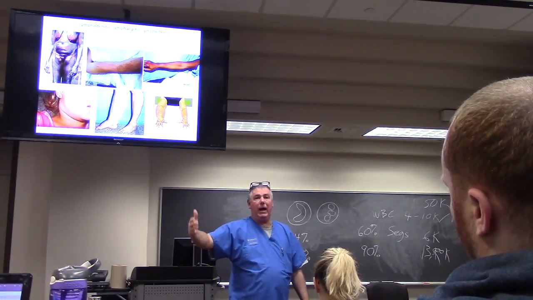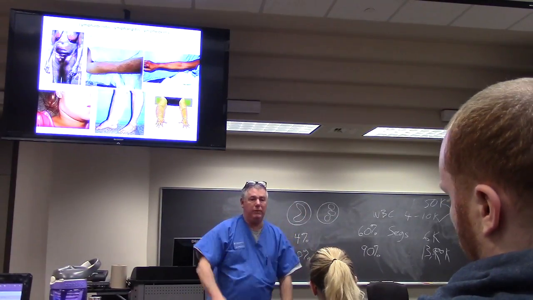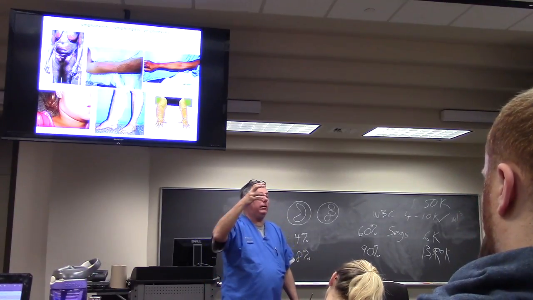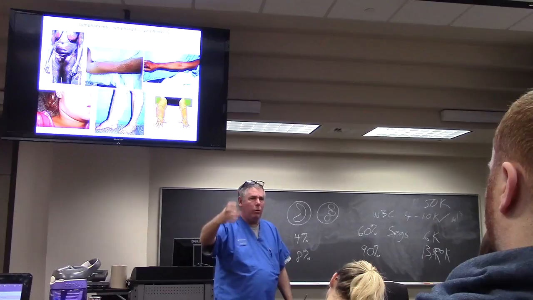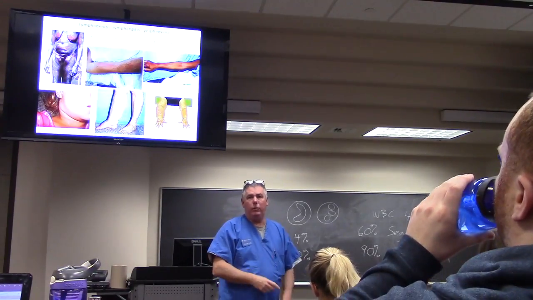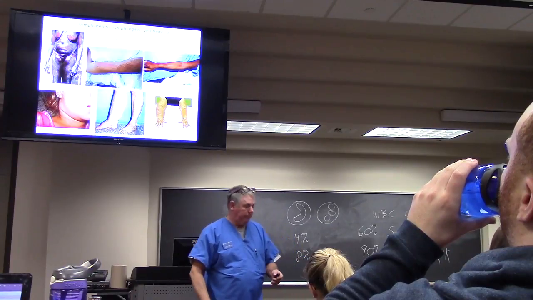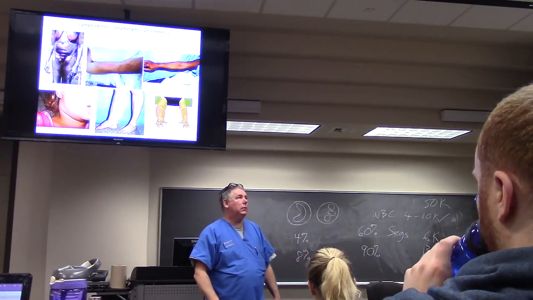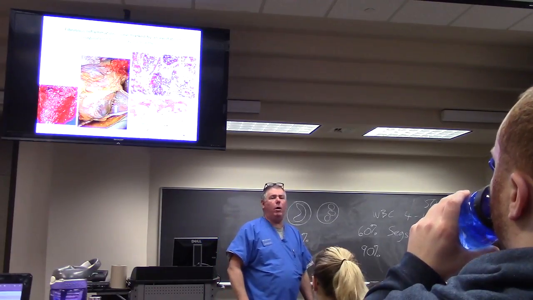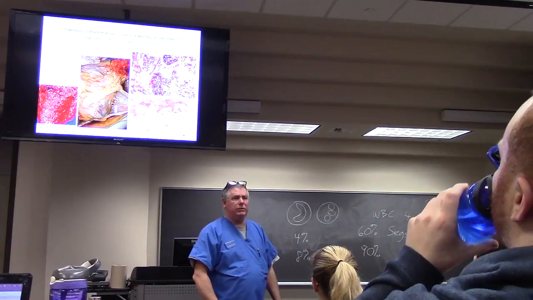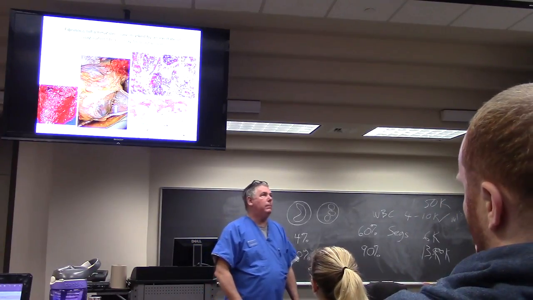The affected side's arm will swell because of the lymphedema, so the extracellular fluid is not being able to be withdrawn from the limb through the normal lymph channels. You'll see this a lot in practice. If you go to the mall or Walmart or something, look around, you'll see somebody with lymphedema.